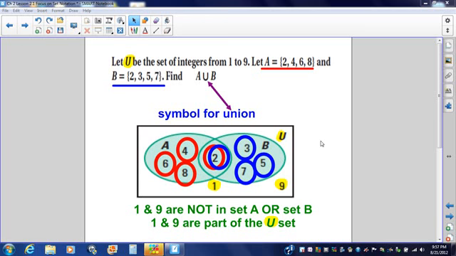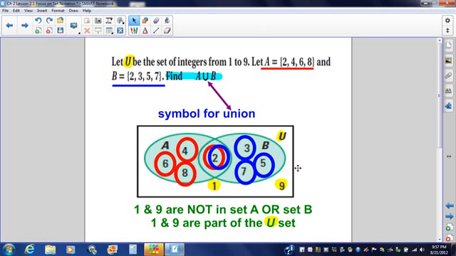Alrighty, so let's work a problem. You should have the picture drawn already, and I would like you to write on your paper, find A union B. All right, so we got a lot going on here. The universal set is going to go from 1 to 9.